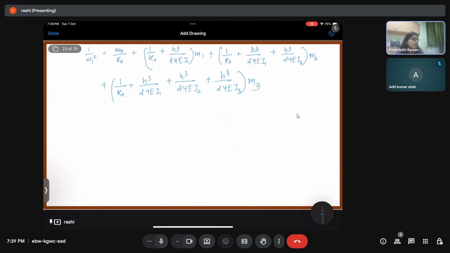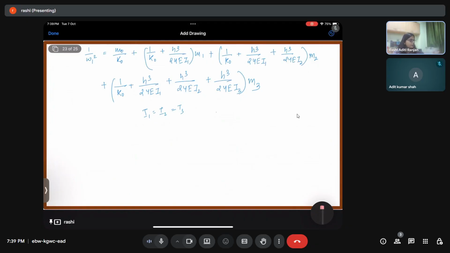Now for now, if we assume that I1, I2 and I3 all are equal, and the masses M1, M2, M3 we cannot equate.